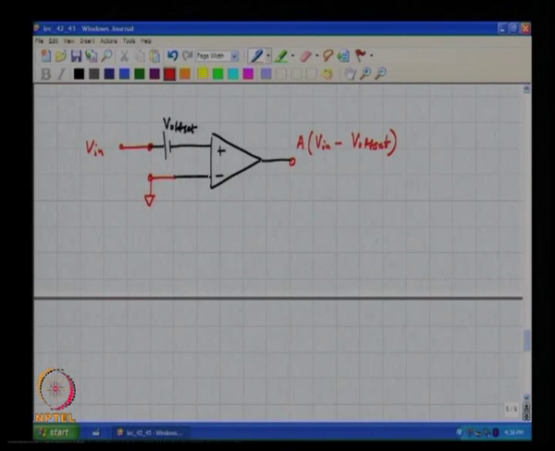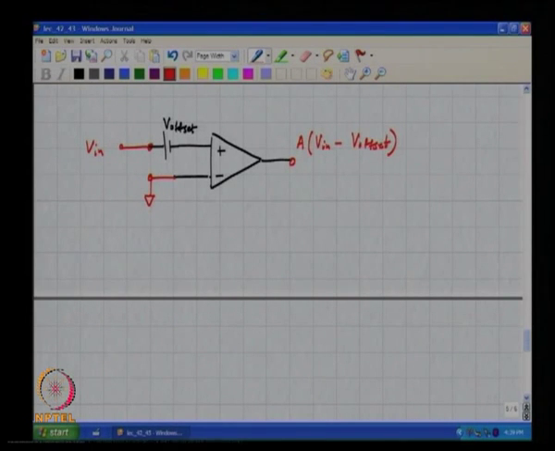Okay, what can we think about? I mean, what ideas can we come up with which will enable us to either eliminate or reduce V offset? Pardon? That whatever the offset is there, at opposite polarity we can put.